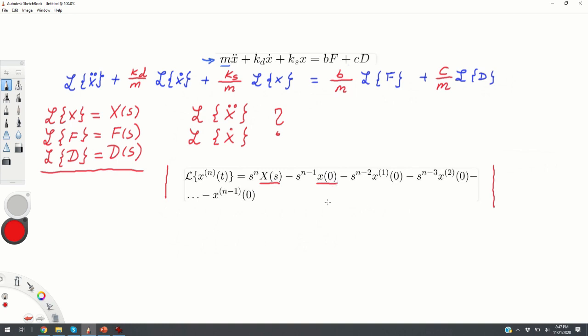This is basically the initial condition, then this is the derivative of the function evaluated at the initial condition. This is the second derivative of the function evaluated at the initial condition, and this is the n-1 derivative of the function evaluated at 0.